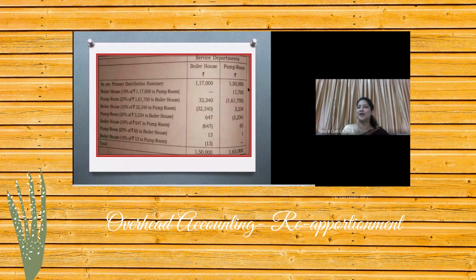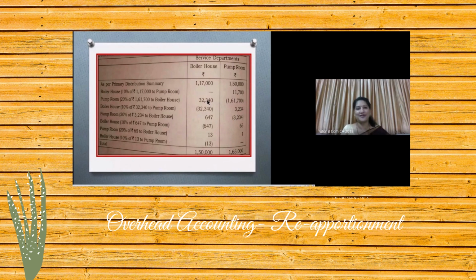That needs to be taken care of when we take 20% of the expense. So 1,50,000 plus 11,700 gives us a total of 1,61,700. 20% of that, which is the expense of pump room, will be shared with boiler house. So 20% of 1,61,700, which is 32,340, will be shared with boiler house.